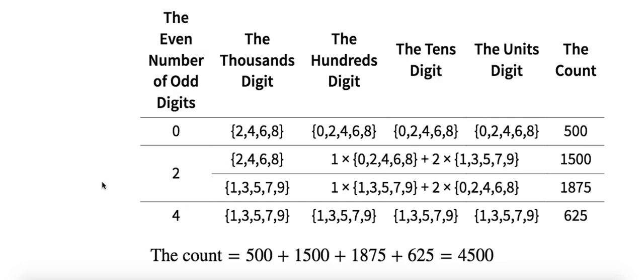In the case of 2 odd digits, if the leading digit is even with 4 options, we need to select another even digit from the 3 remaining digits with 5 options for each.